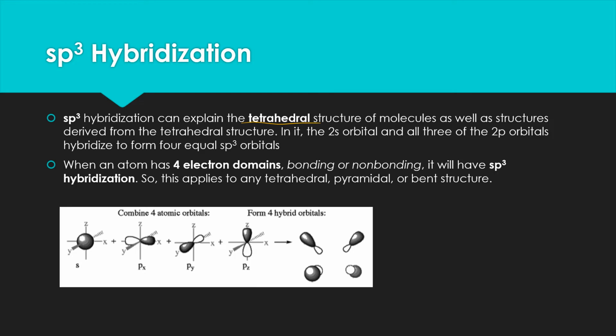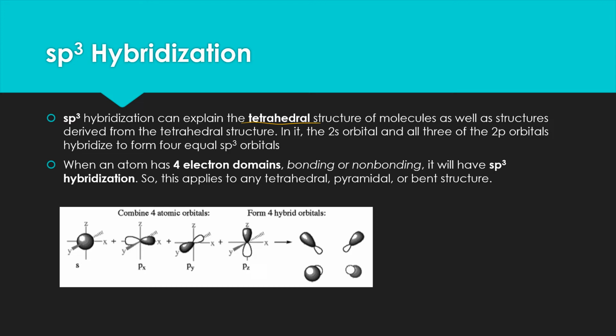In it, the 2s orbital and all three of our 2p orbitals hybridize to form 4 equal sp3 orbitals. When an atom has 4 electron domains, bonding or non-bonding, it will have sp3 hybridization. So this will apply to any of our tetrahedral, pyramidal, or bent structures with those 4 electron domains.